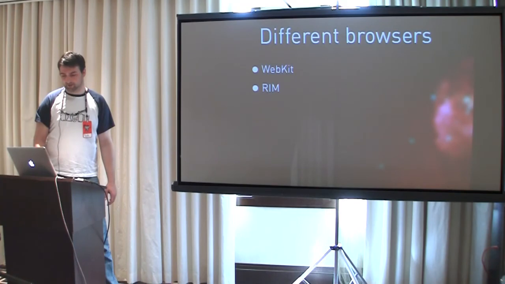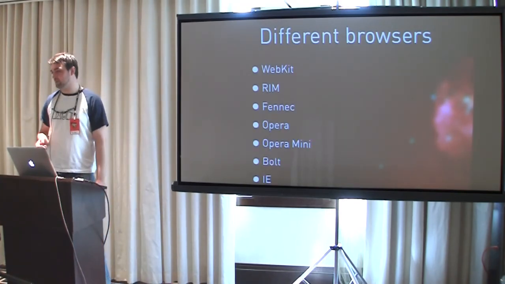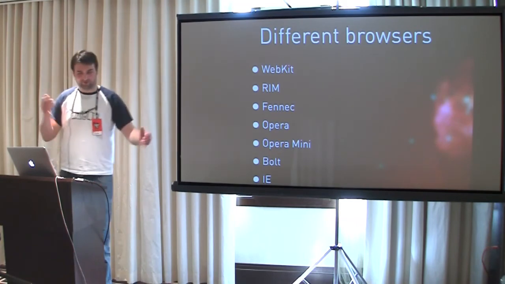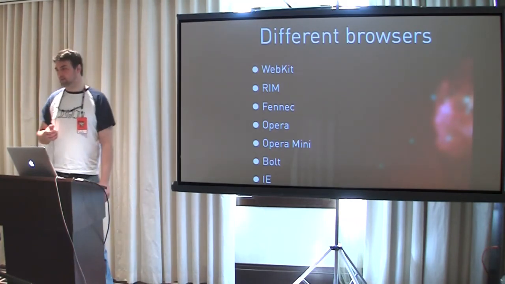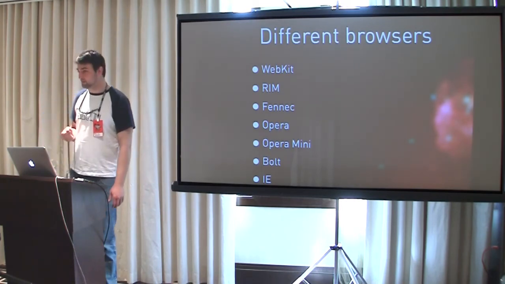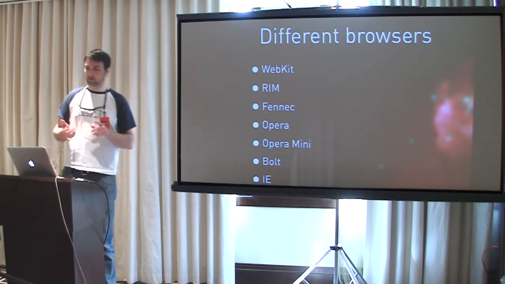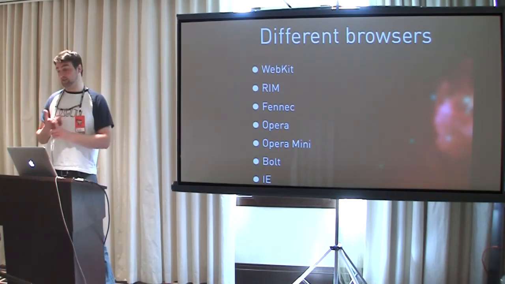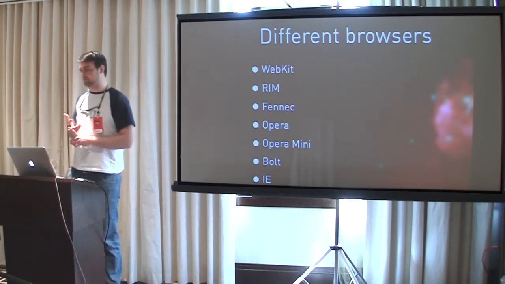Oh, and I forgot IE. There's also IE on Windows Mobile, and they have a widget runtime. It's also funny: they brought out Windows Mobile 6.5 about half a year ago, and they have a strange mixture in their browser. They have a rendering engine of IE6 and a JavaScript runtime of IE8.